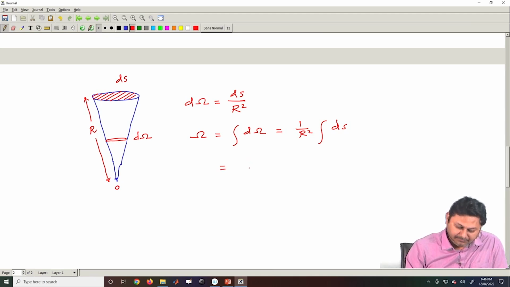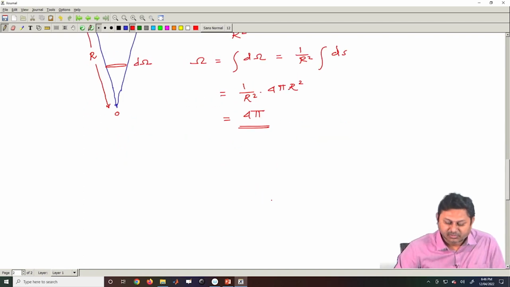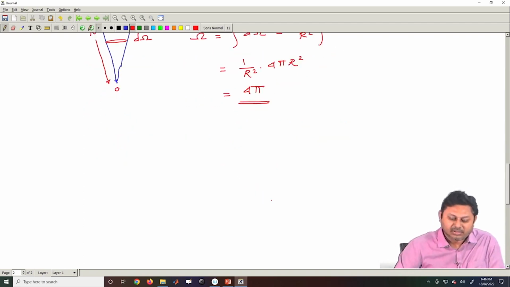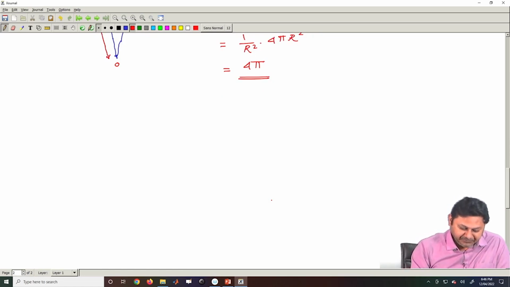Then it should be simply 1 by r square times 4 pi r square, which gives us simply the value 4 pi. So, the solid angle seems to be 4 pi for a surface which is forming a closed region.